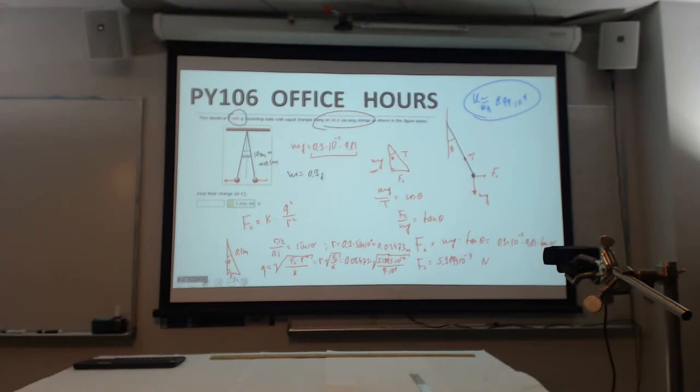So this is supposed to be the Coulomb's force: 0.3 grams times g times the tangent of 10 degrees.